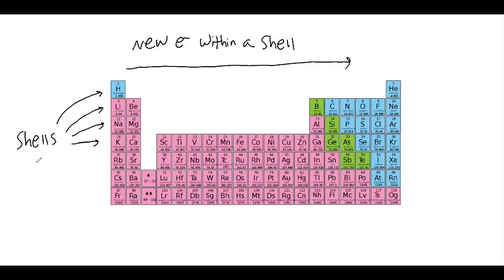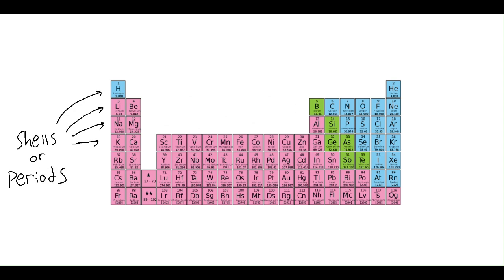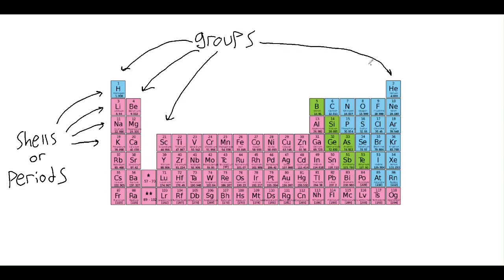A horizontal row is sometimes called a period. And then columns are sometimes called groups. Atoms within the same group tend to have similar chemical properties because they have the same number of valence electrons.